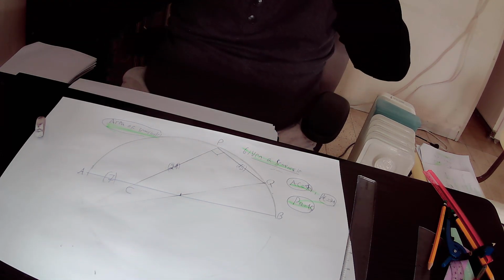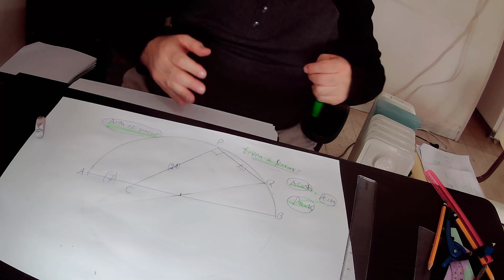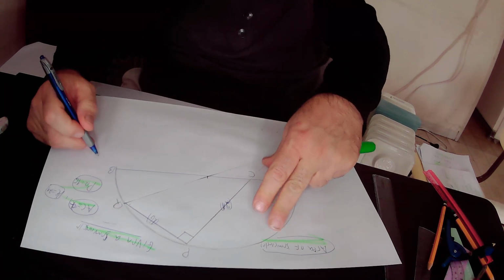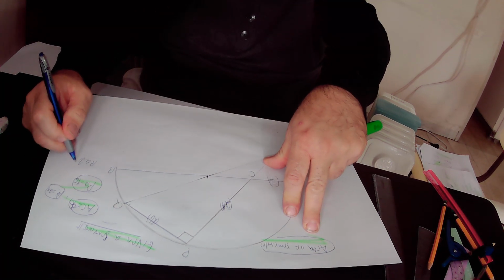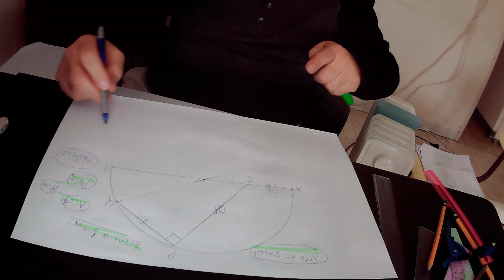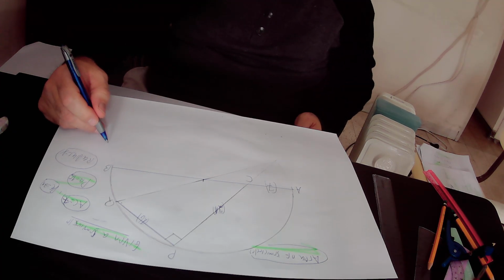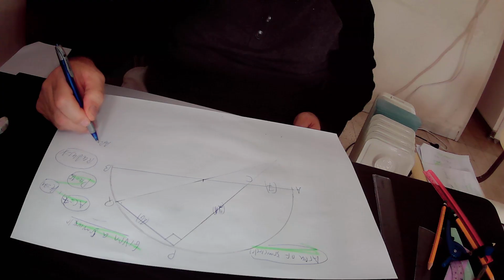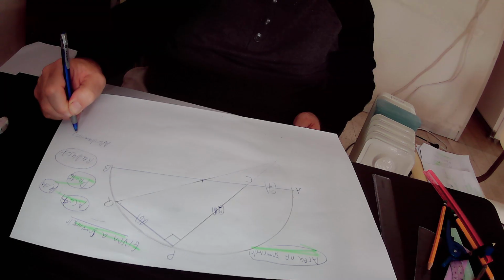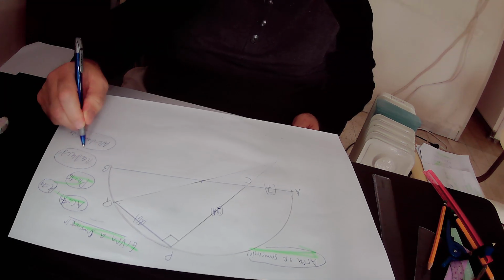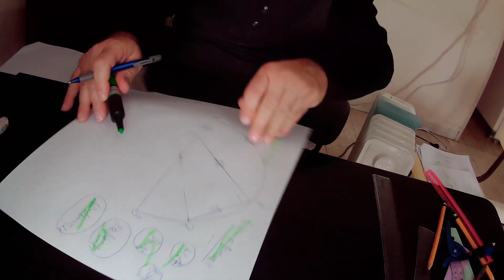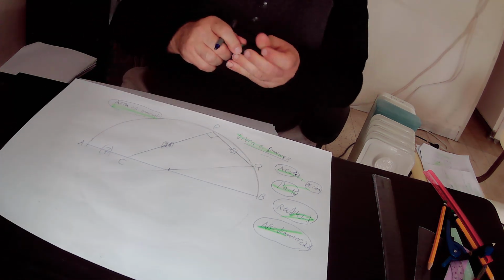So first of all, we'll define the radius of this semicircle as x. If the radius is x, then the diameter AB is 2x. AB is the diameter of the semicircle, equal to 2x units in length. What is the length of this segment CB?